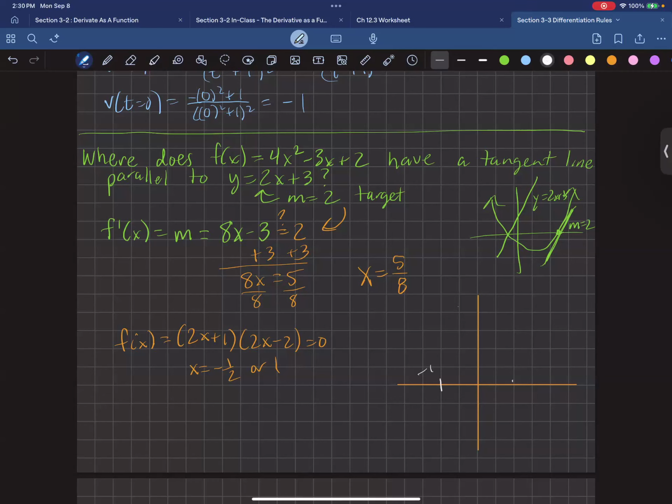Say that's negative 1, that's 1. Means it's crossing here and here. And so somewhere halfway between, it's got its vertex.